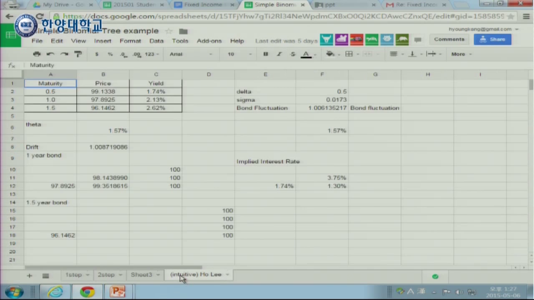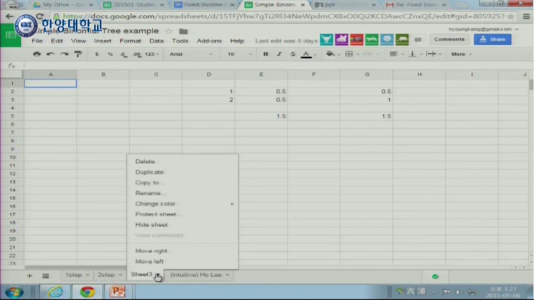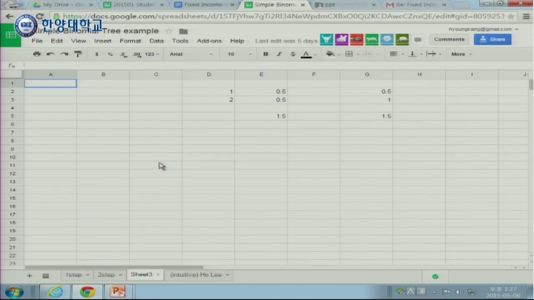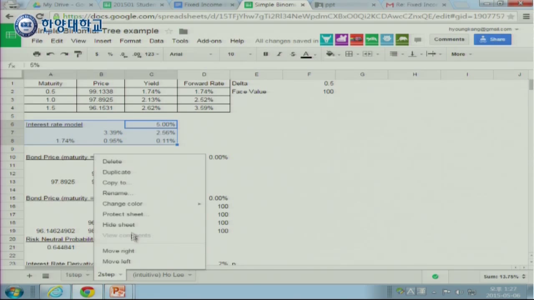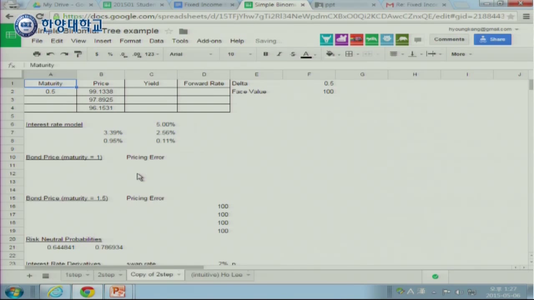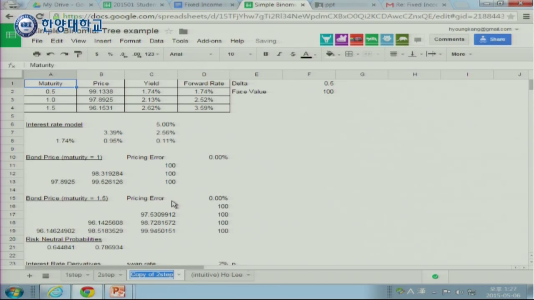Then let me delete this one, and then duplicate this one. And then let's change this one to Hohenly model.